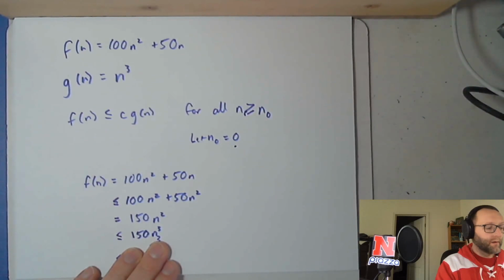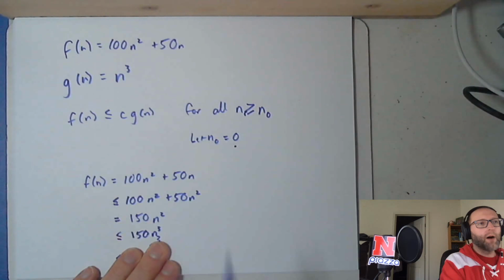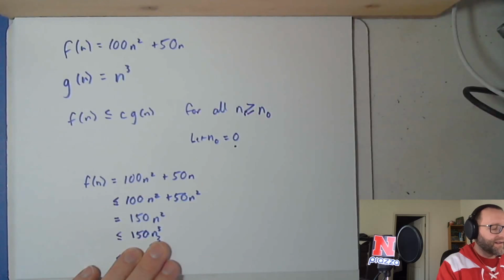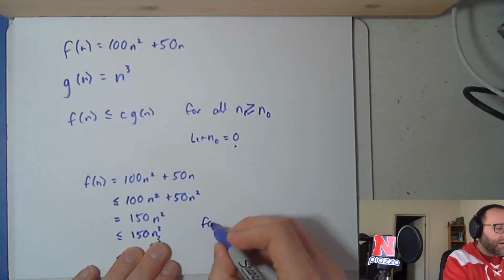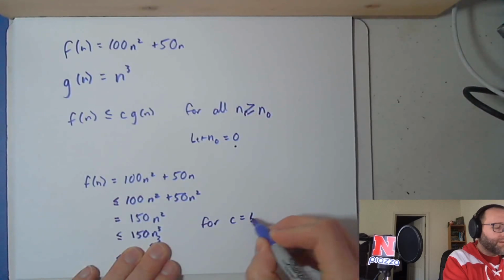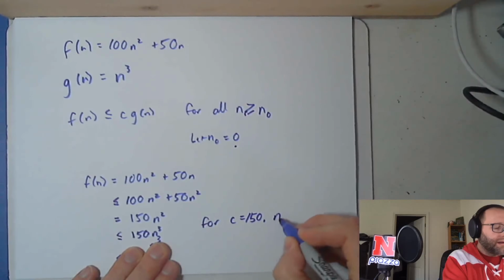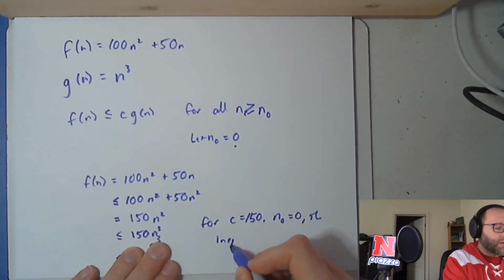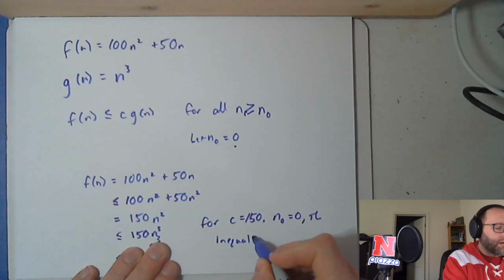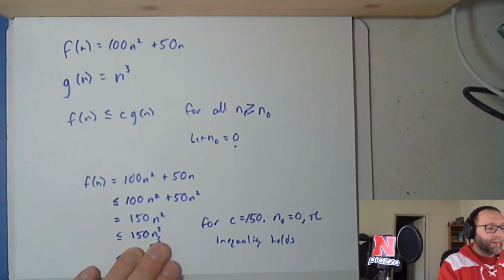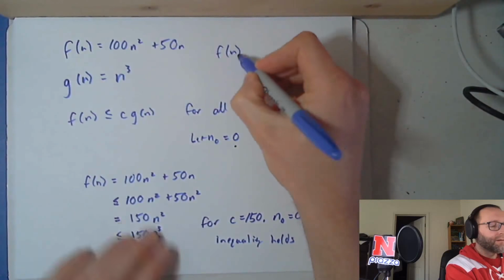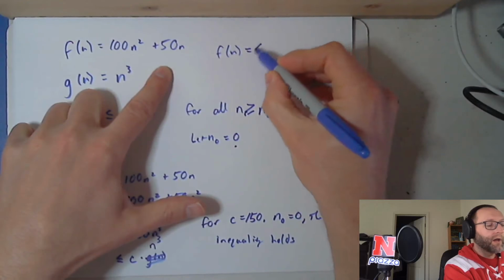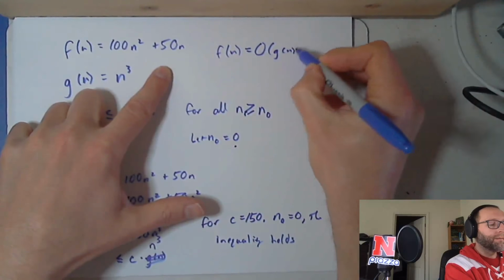Right? That's what we call obvious land there. You don't need to establish any proof for that. So for c being 150 and n not being 0, the inequality holds. And we've established that f of n, for f of n being this quadratic polynomial here, is order g of n. Okay?